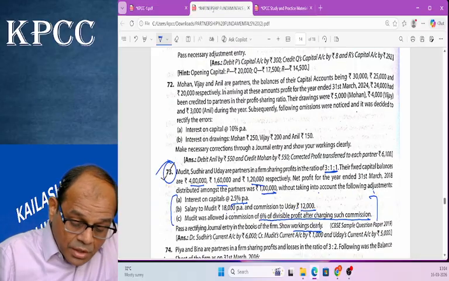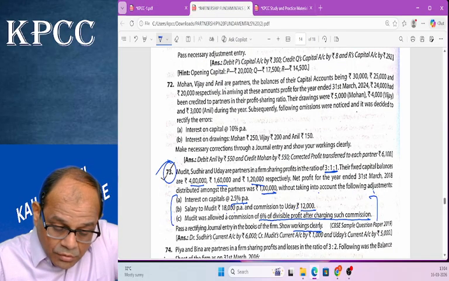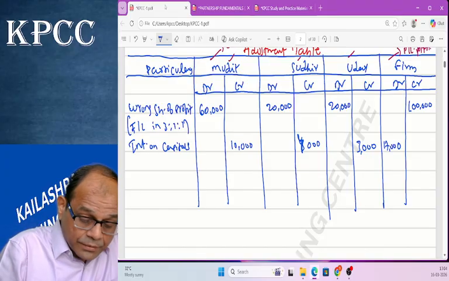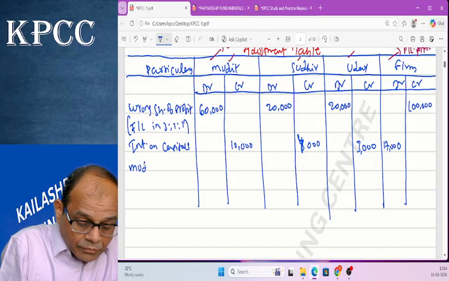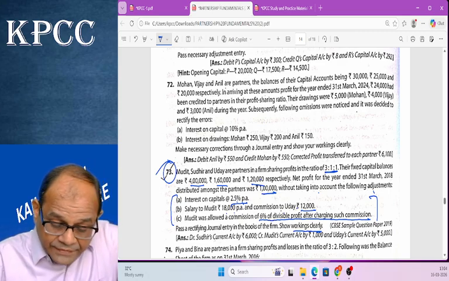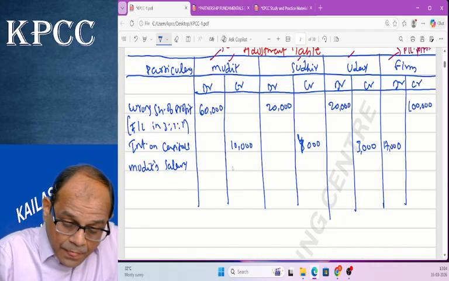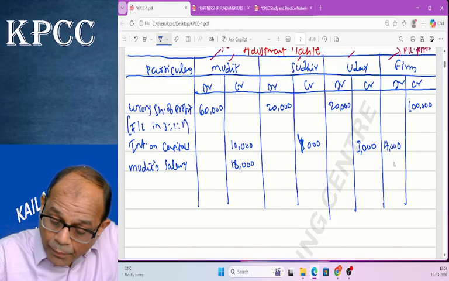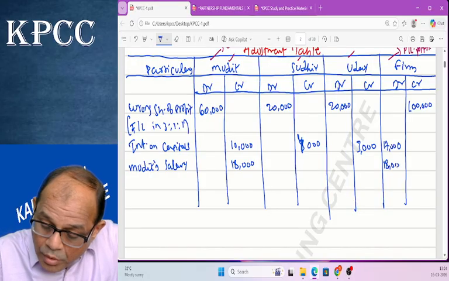Now commission. Now two partners get salary and commission. Mudit's salary. How much is Mudit's salary? 18,000 rupees. So credit Mudit and debit firm. Okay.